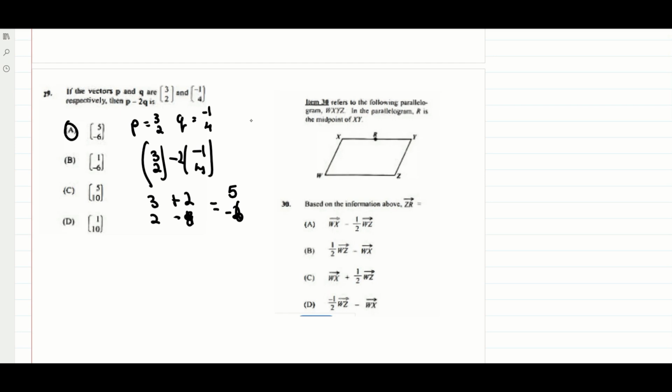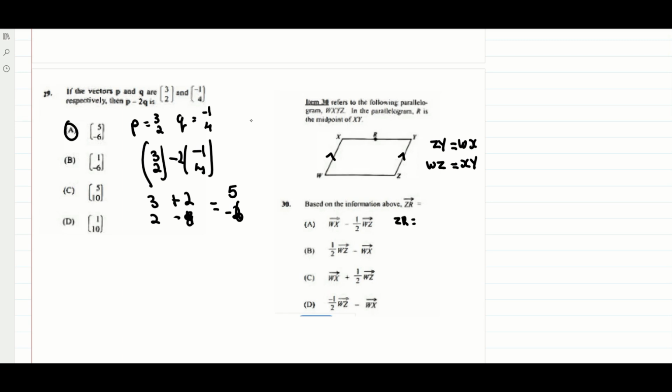Please note, let's just write down: ZY is equal to WX because they are going in the same direction. Also, WZ is equal to XY. So just some information.